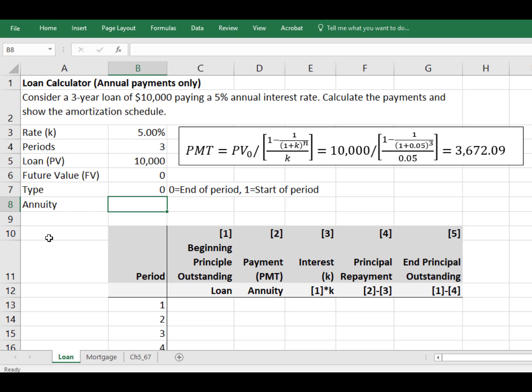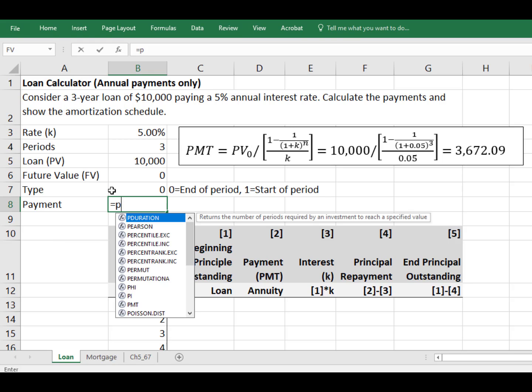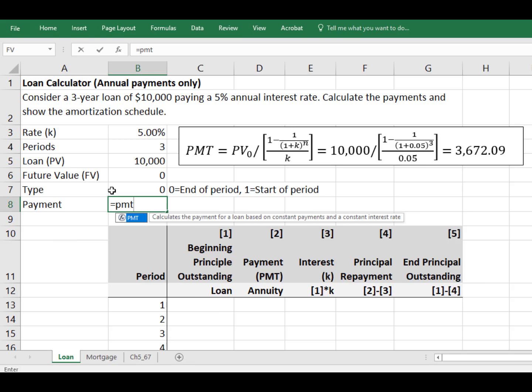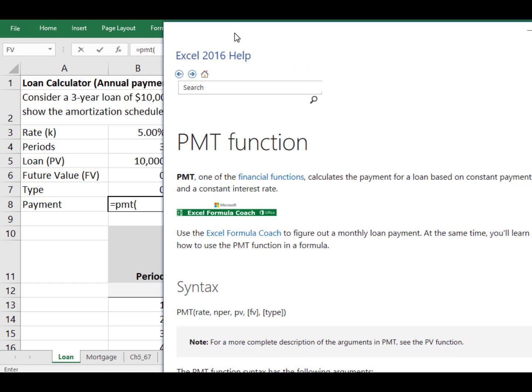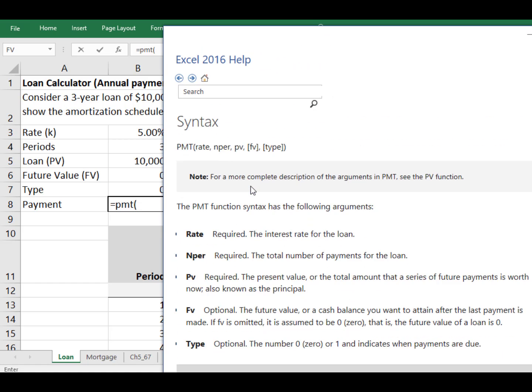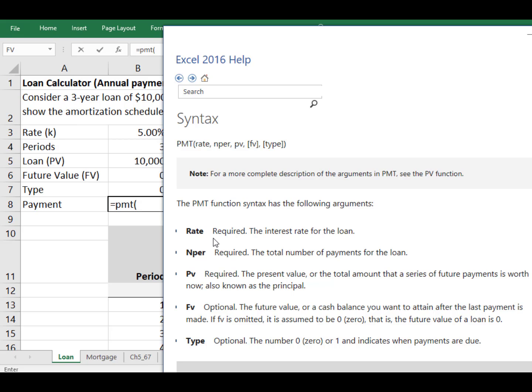Okay. Now, to find the value of the payment, I happen to know that it is PMT, which is payment, calculates the payment for a loan. If I was to pull this up, you would see that this payment function has the following syntax. You can see that it has the same different inputs. Remember that once you know 4 of these inputs, you can always solve for the 5th.